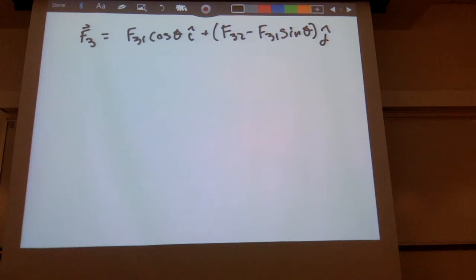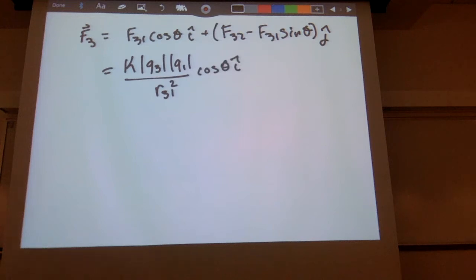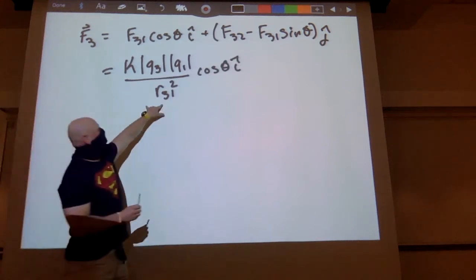So now Coulomb's law says that F31 though is equivalent then to k times the magnitude of Q3 times the magnitude of Q1 divided by the distance r31 squared between the two, times then cosine of the angle i hat. So here we're just inserting the definition of Coulomb's law.